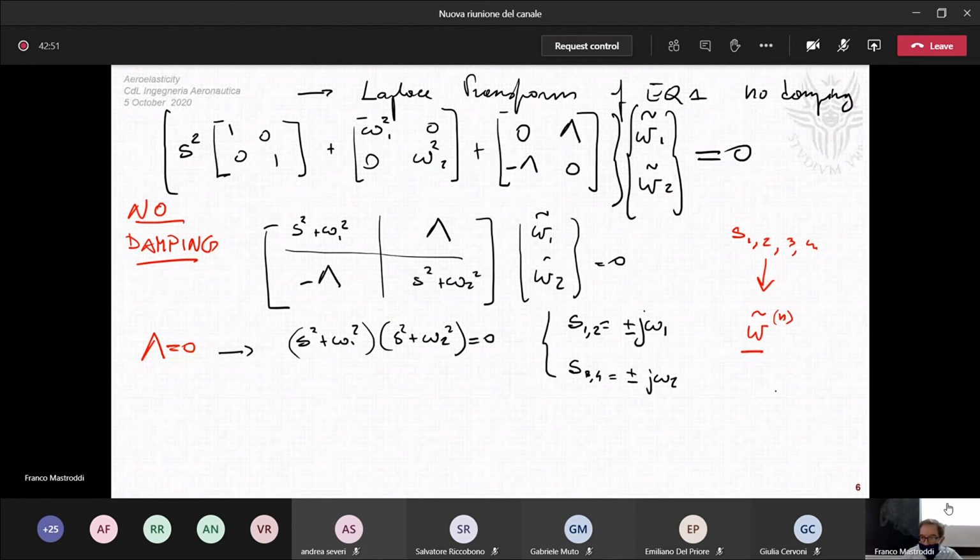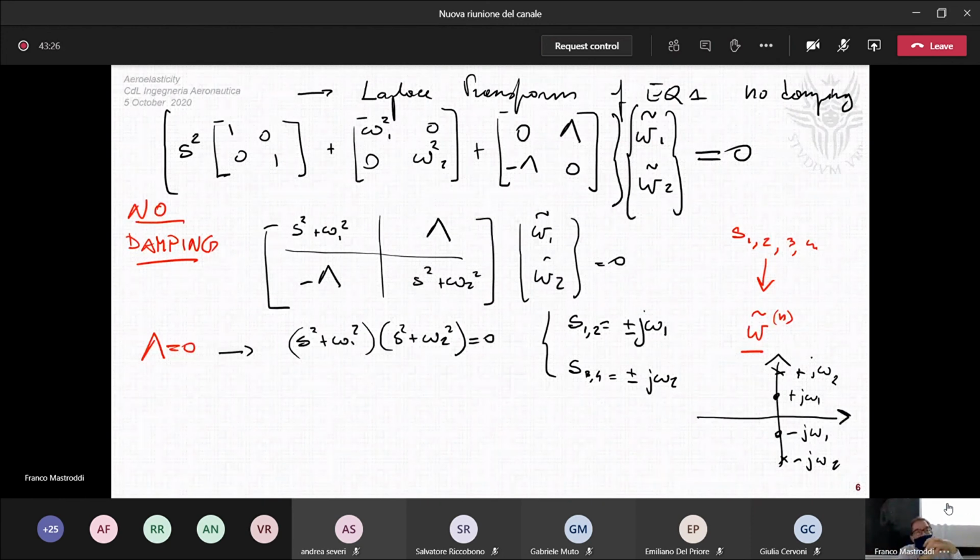So your poles are marginal poles on the imaginary axis: plus j omega 1, minus j omega 1, minus j omega 2, plus j omega 2. Okay? Two independent harmonic oscillators, two couples of complex conjugated poles. Okay? This is the value.